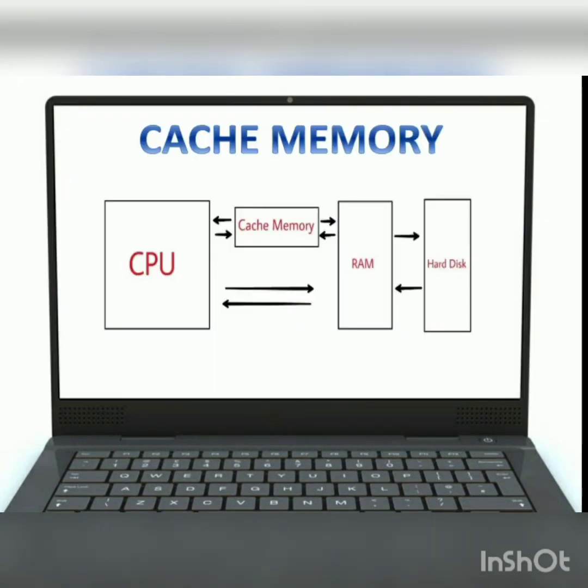Okay, now let's move on to cache memory. Kids, you are able to see a diagram. The first box is the CPU, then in between RAM and CPU there is a cache memory, then the hard disk. Kids, cache memory is lying between the CPU, that is the microprocessor of the computer, and the main memory, that is RAM.